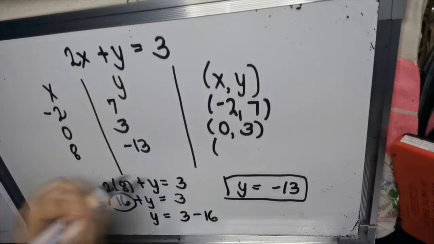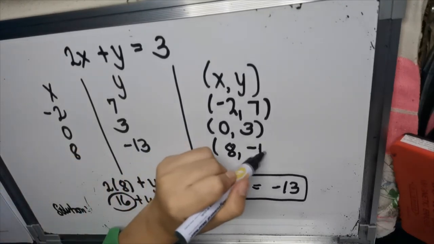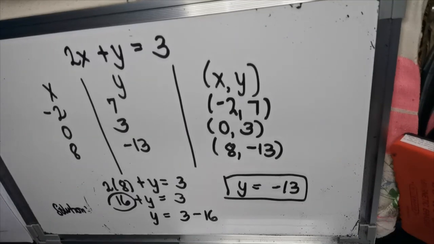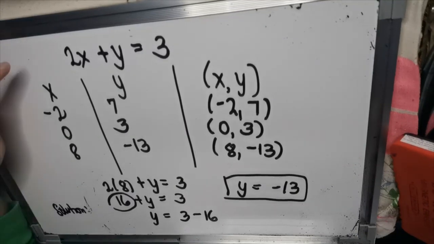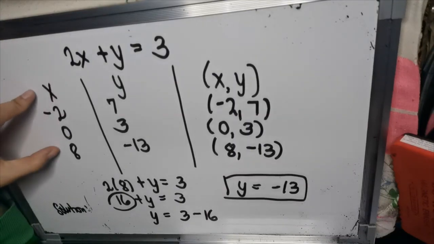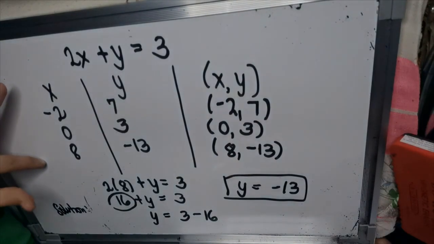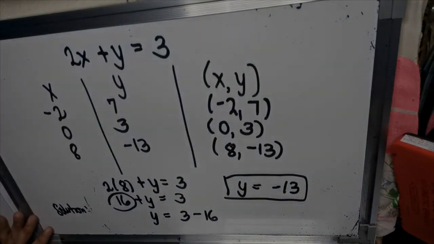So, ang ating coordinates, 8 and negative 13. Nakukuha ba? So, ito yung mga pagkuha ng solutions natin if magsasubstitute tayo ng value ni x. So, yan yung magiging solution sa ating given linear equation.